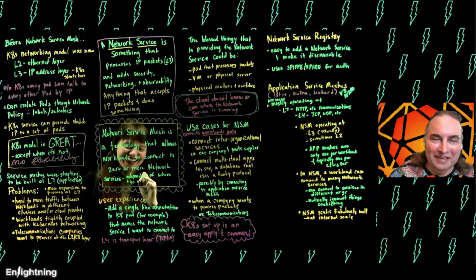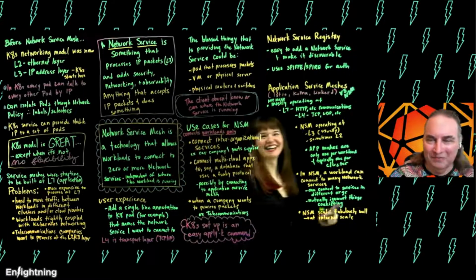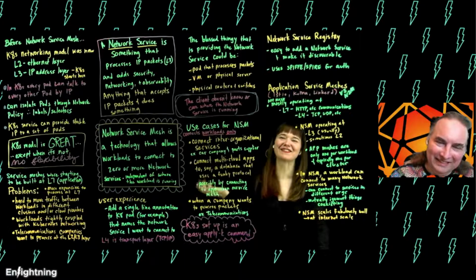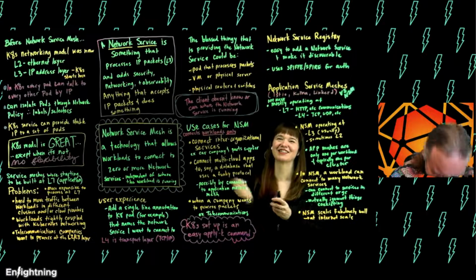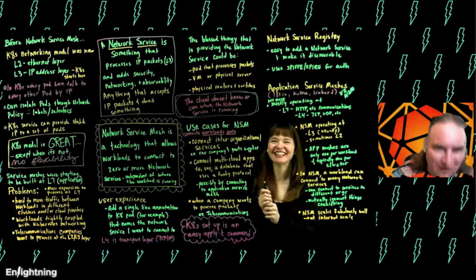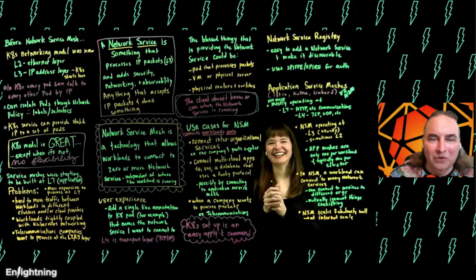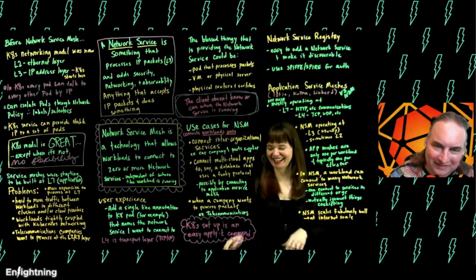The other reason it's kind of funny is that the zero or more is just me being slightly pedantic. It's slightly overly precise for normal conversation. By that definition, technically every Kubernetes cluster ever is network service mesh enabled. Well, just because you're connected to zero network services doesn't mean you couldn't be connected to network services.